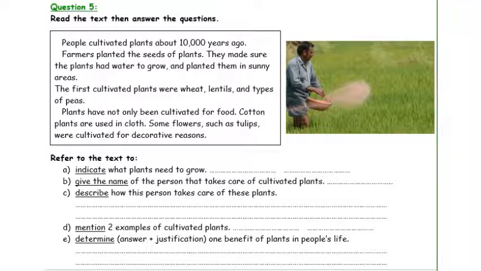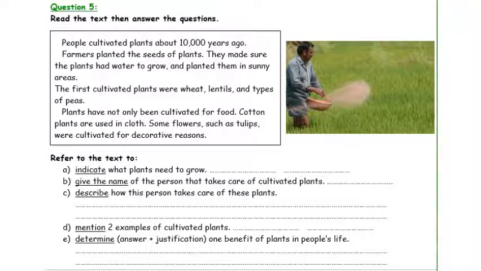They made sure the plants had enough water to grow, and planted them in sunny areas. The first cultivated plants were wheat, lentils, and types of peas. Plants have not only been cultivated for food. Cotton plants are used in clothing. Some flowers, such as tulips, were cultivated for decorative reasons.